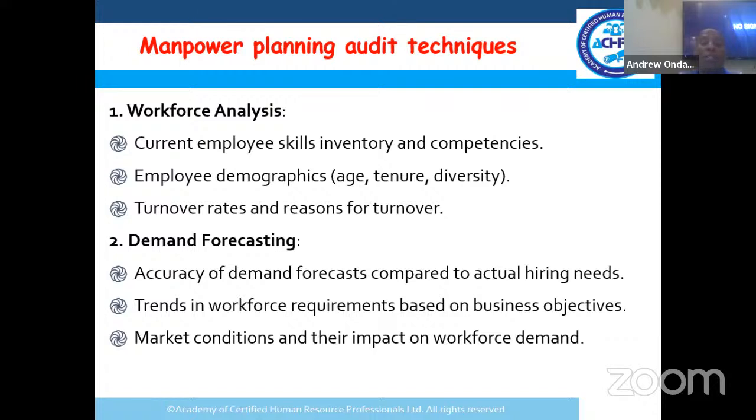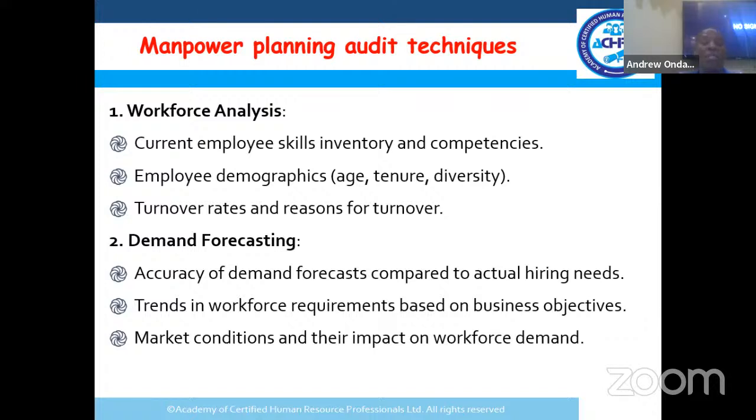And you can establish accuracy by, one, conducting a trend analysis, a trend analysis at two levels.